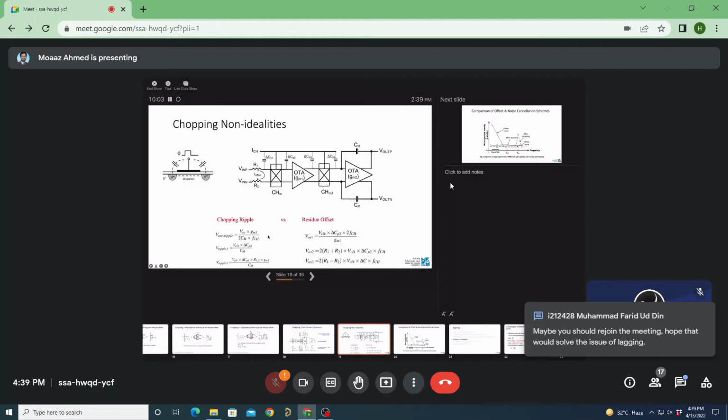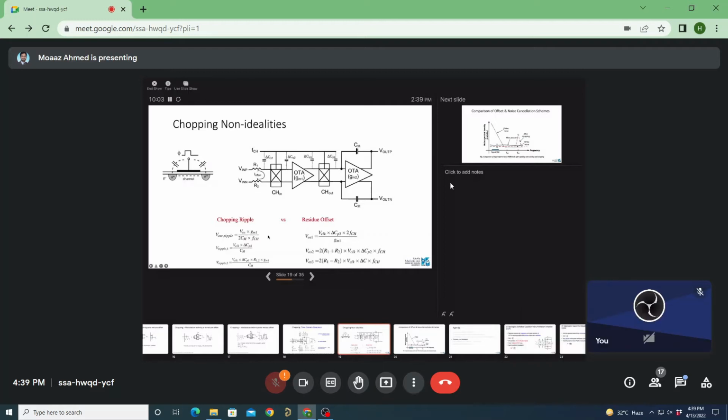For example, if your flicker corner is 10 kilohertz, your chopping frequency should be 10 kilohertz at minimum. So typically we have 12, 15 kilohertz. But it shouldn't be large enough to cause a significant residue offset.